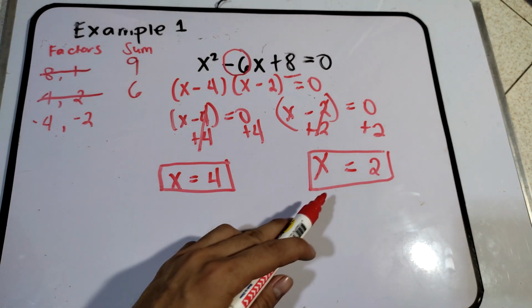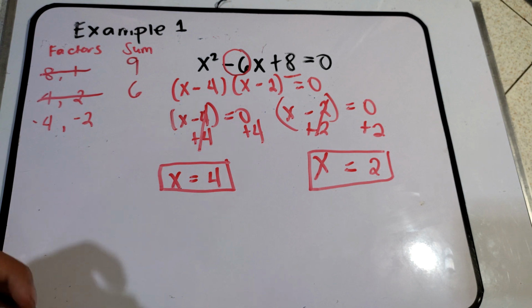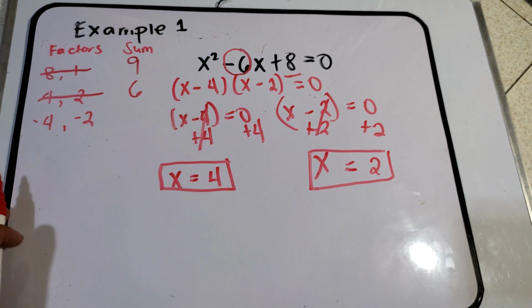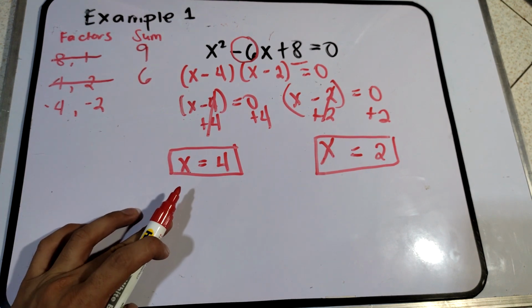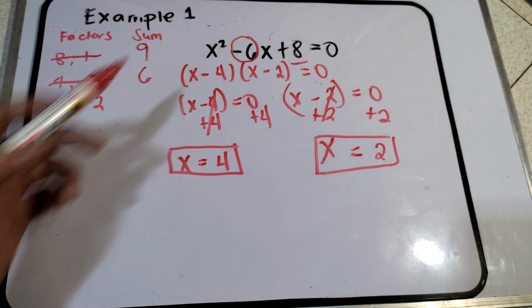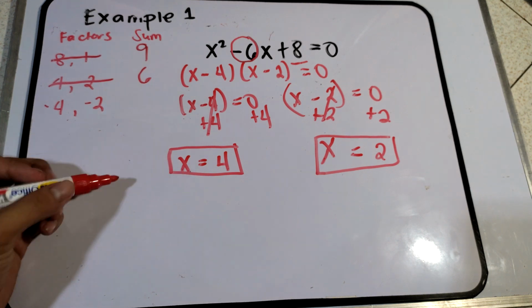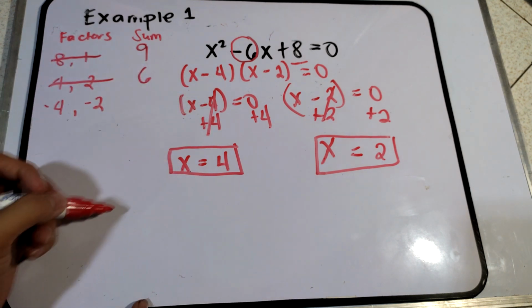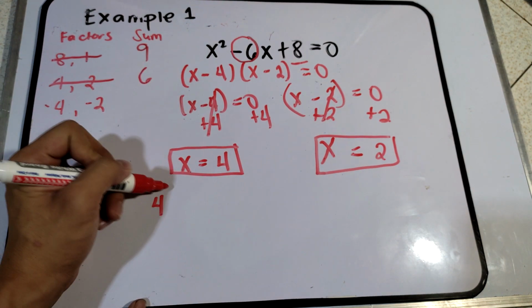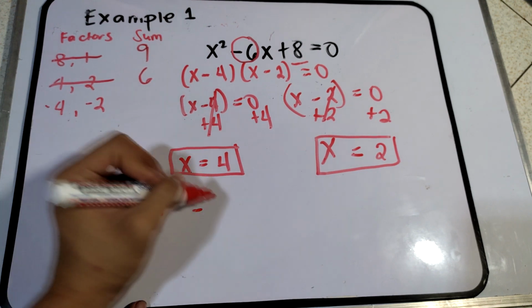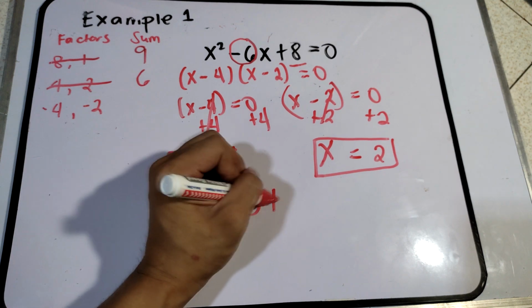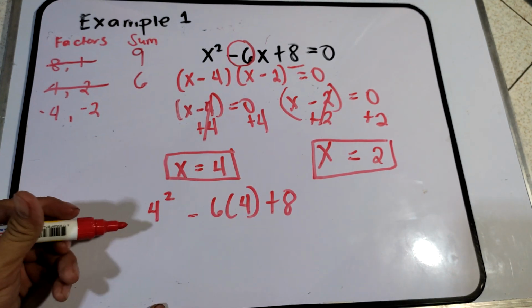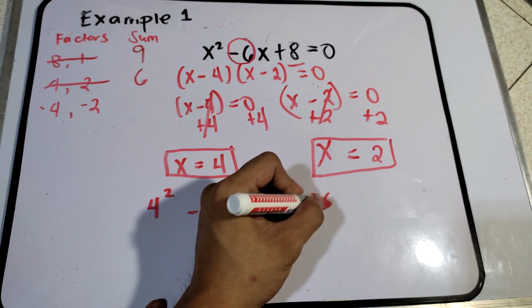We have 2 solutions. Ngayon, sir, paano po namin malalaman kung tama po yung nakuha naming solution? We will just substitute the value of the roots to the equation. So, substitute natin yung 4 doon sa ating problem. 4 squared minus 6 multiplied by 4 plus 8 is equal to 0.